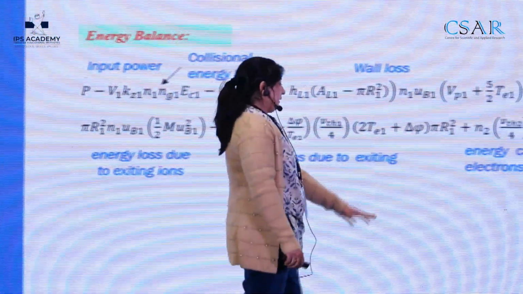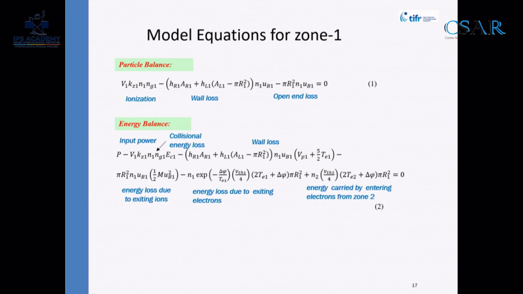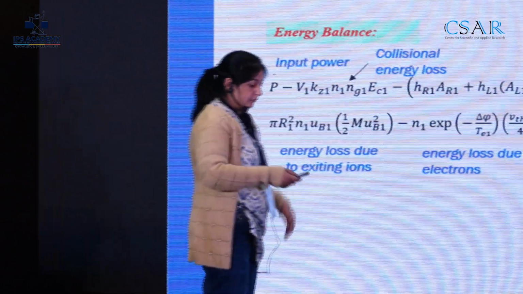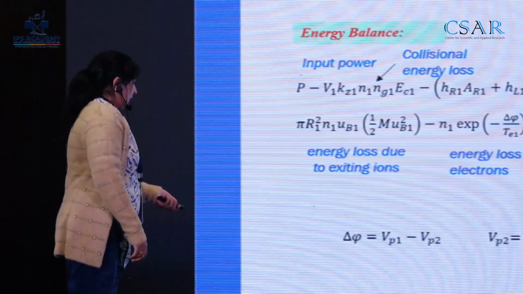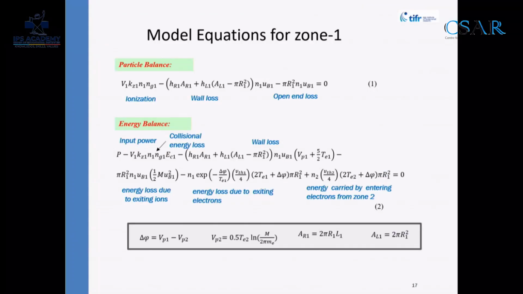Simultaneously, this positive term is the energy coming into zone 1 through the electrons which can travel from zone 2 to zone 1 because of this potential difference. They can freely come from zone 2 to zone 1. So these are a few definitions. Delta phi is treated as the potential difference between zone 1 and zone 2.